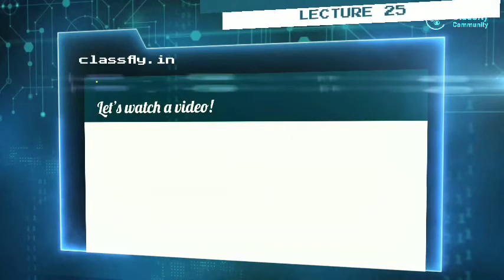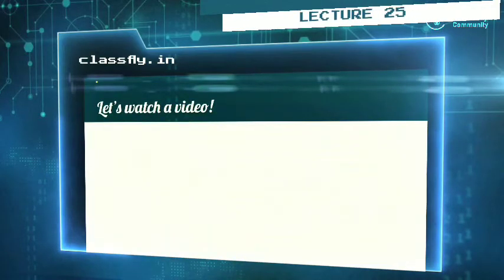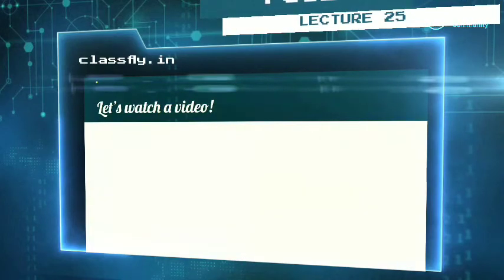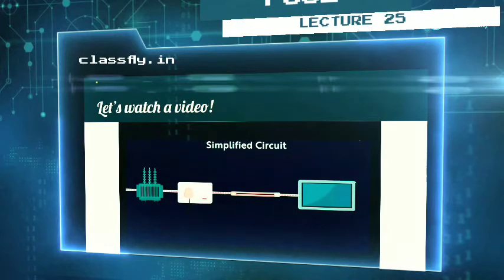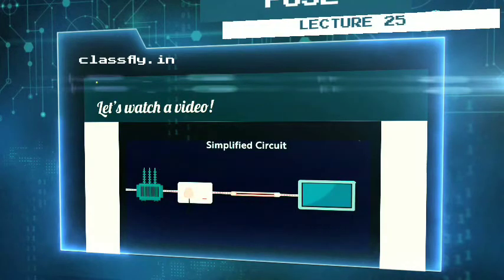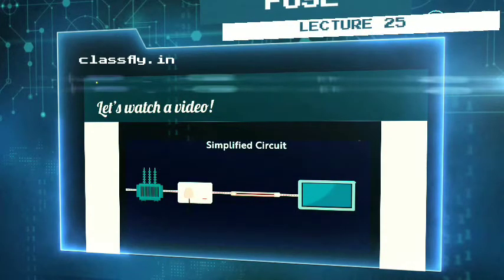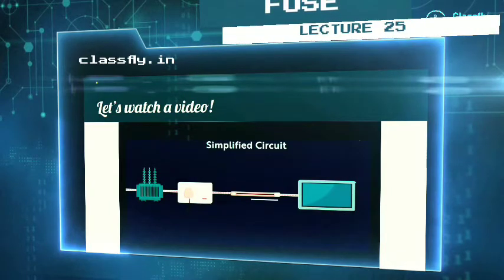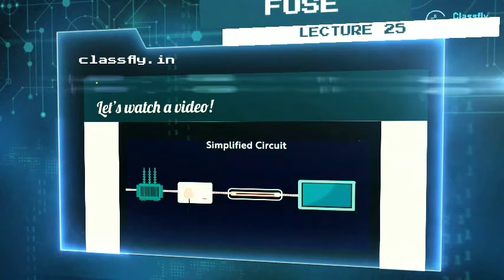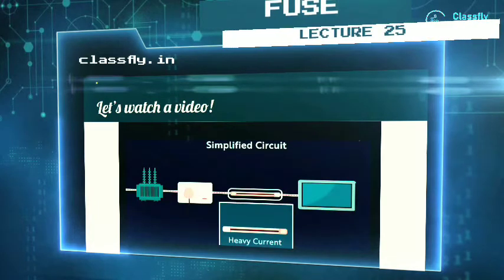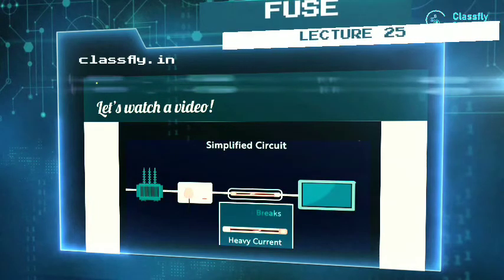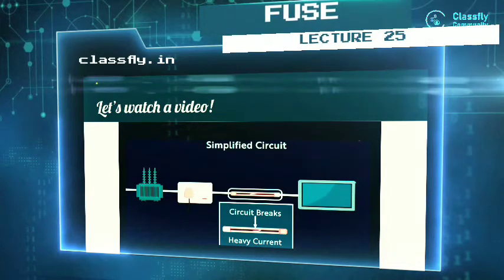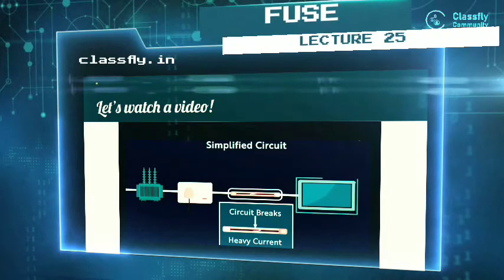Next, let's watch a video on what our fuses basically help with. We can see in the video that the current is flowing from the circuit to the appliances. As the fuse gets heated up and reaches its maximum level, it melts, and there will be a breakage between the appliances and the household circuit.